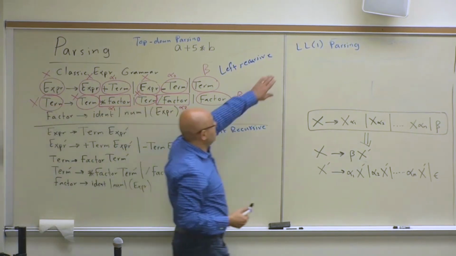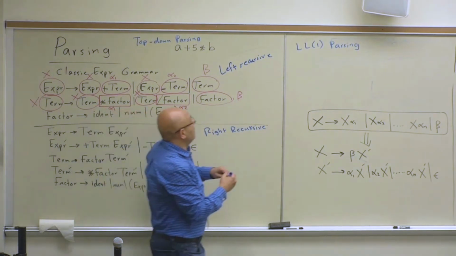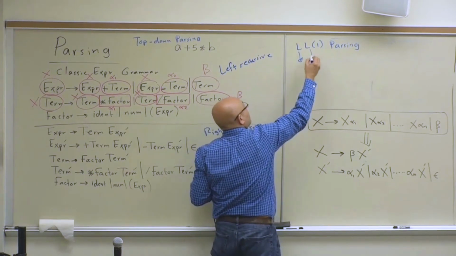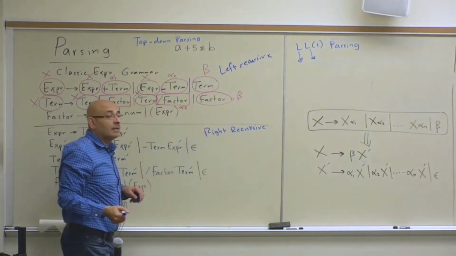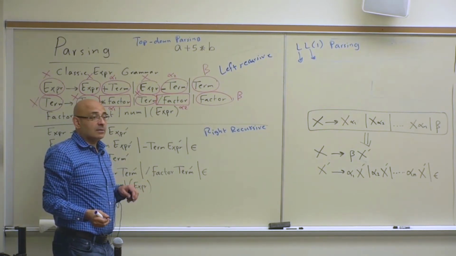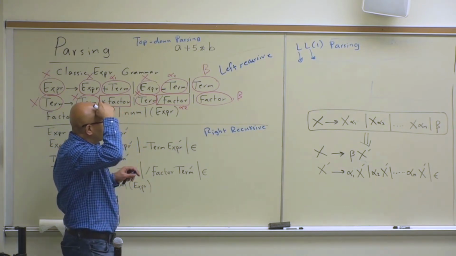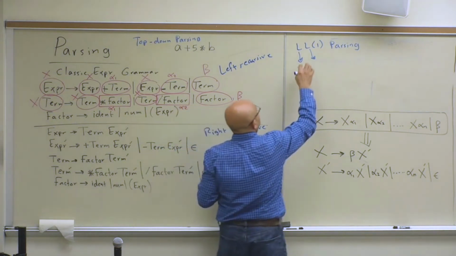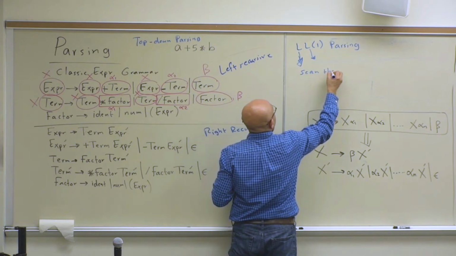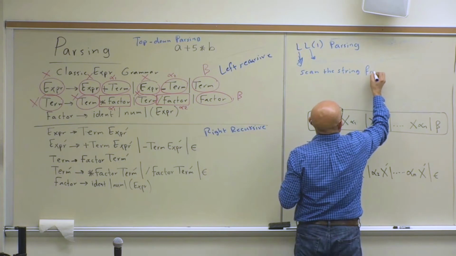LL1 parsing is one top-down algorithm where, what do you think the L stands for? Well, we have two L's, in fact. Can you make a guess? Well, in fact, it's not leftmost derivation, right? So the first L means we scan the string from left to right.